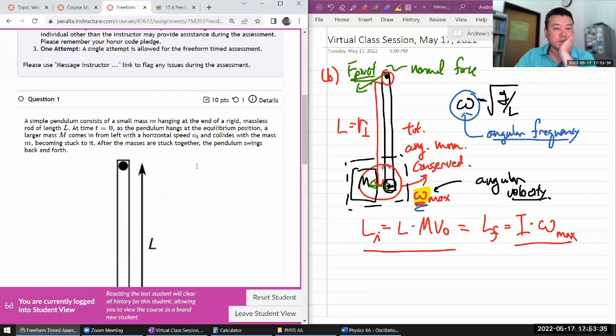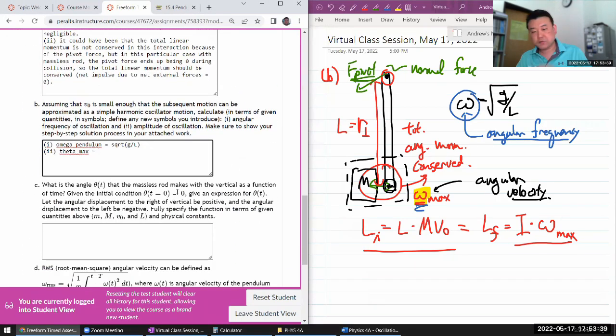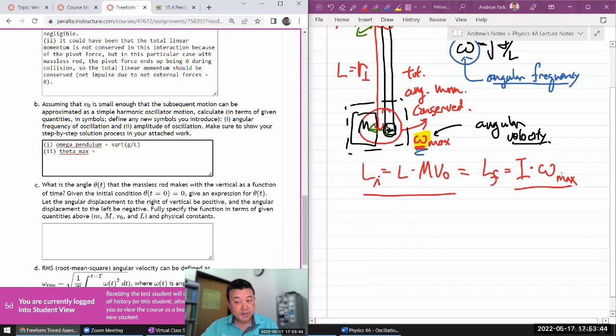So there's a couple different ways to get at it. I have 8 minutes. Let me just use conservation of energy. So this handles the collision portion.